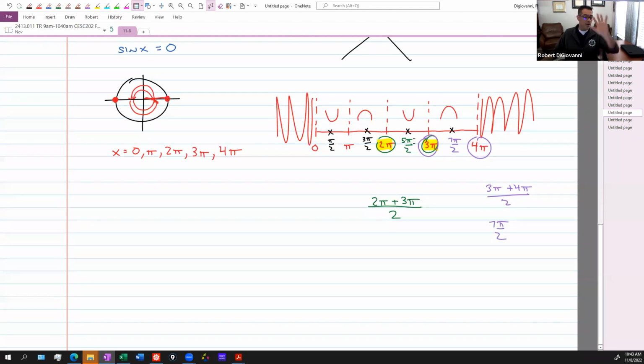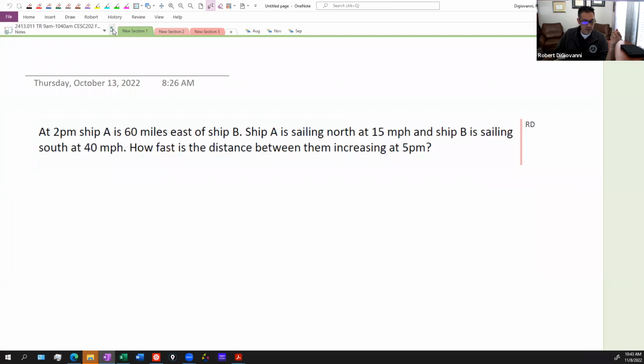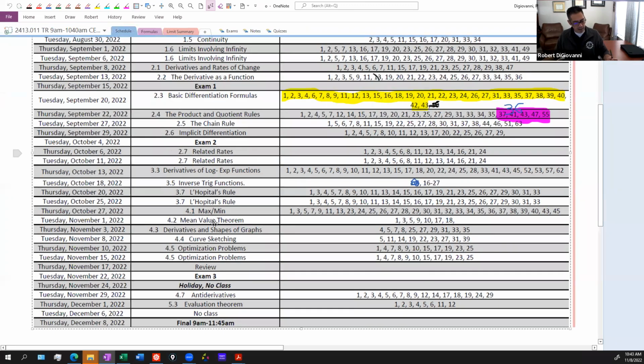Okay, so we're done. What is your homework? What do you need to be doing before next class? The big thing is this section here, derivatives and the shapes of graphs. And I would be focusing most of my attention on the problems in the latter section, in the 30s.